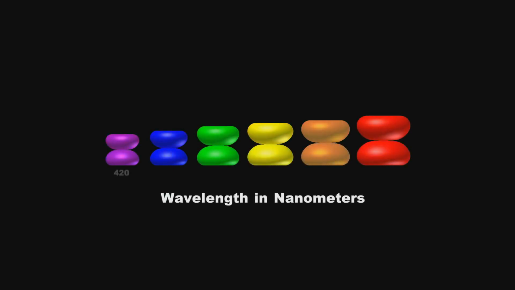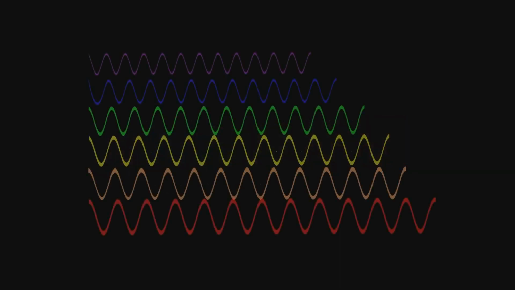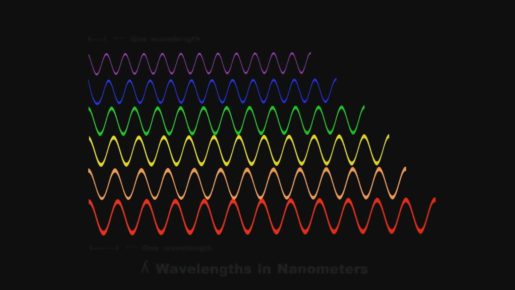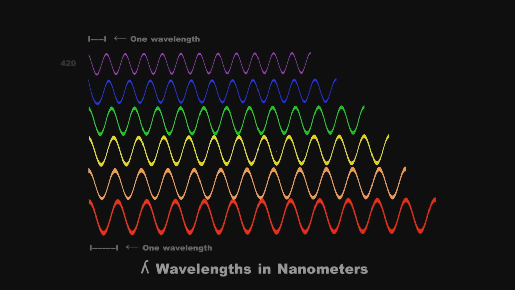Then again, the size of the fields of a photon are determined by the wavelength of a photon. Here we see the typical waveforms that are used to represent visible light and other forms of electromagnetic radiation, but in reality no such waveform exists.